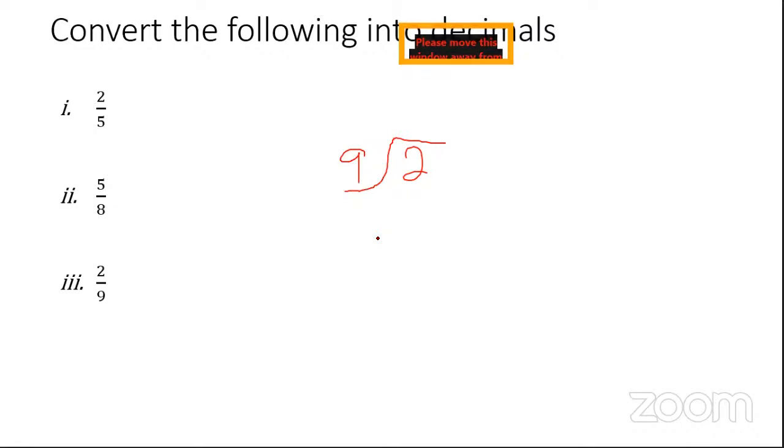Laura, can you tell us the procedures we are going to do to divide by 9? We shall say 2 divided by 9 is equal to 0. So we shall place the 0 over 2. And we shall say 0 multiplied by 9 is equal to 0. We subtract 0 from 2 and get 2.